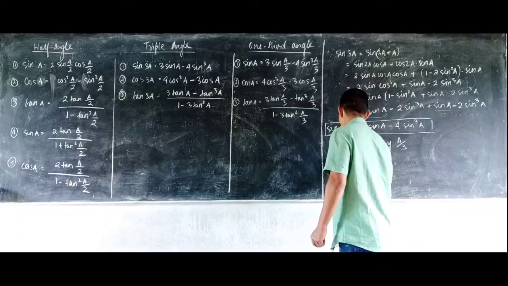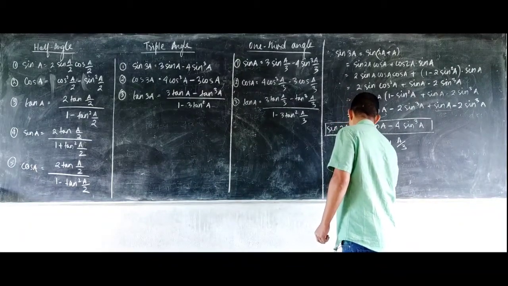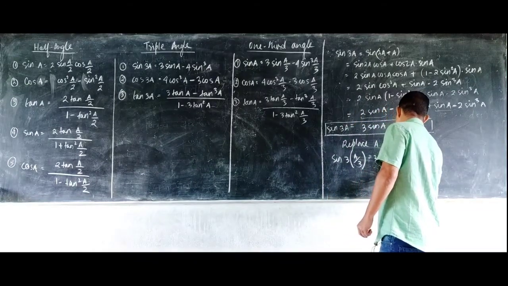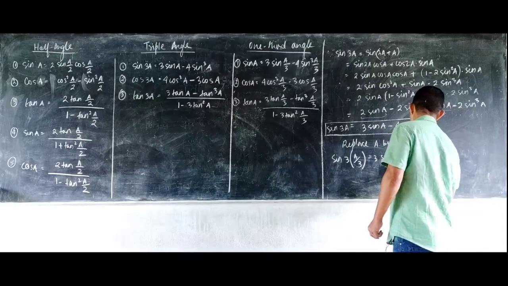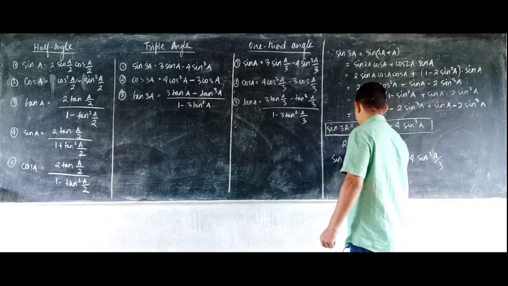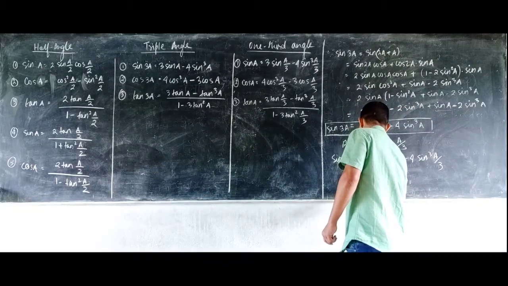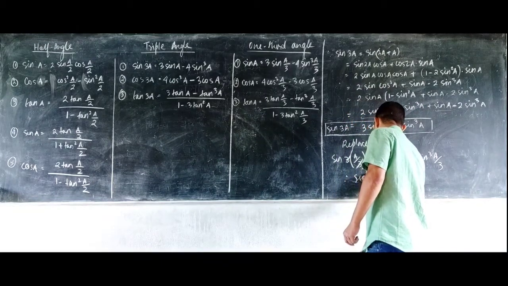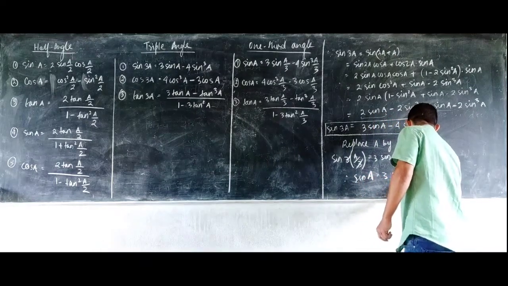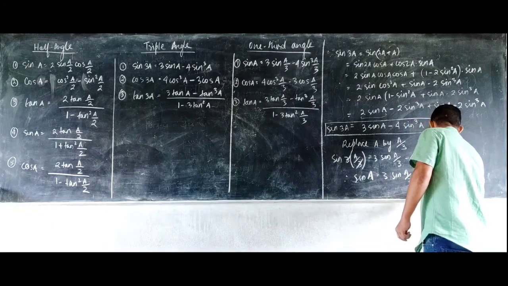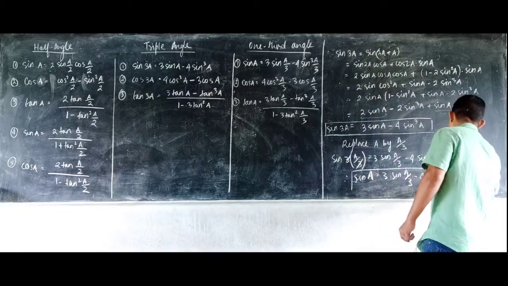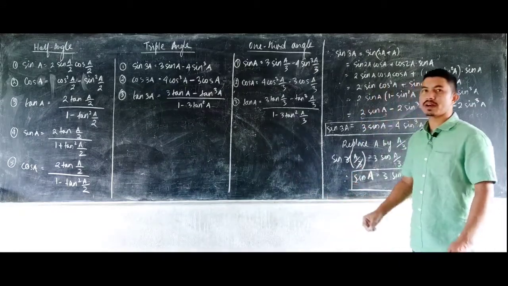We obtain sine of 3 times a/3, which equals 3 sine of a/3 minus 4 sine cube a/3. Here 3 and 3 get cancelled. Therefore sine of a equals 3 sine of a/3 minus 4 sine cube of a/3. This is how we obtain the 1/3 angle formula from the triple angle formula.